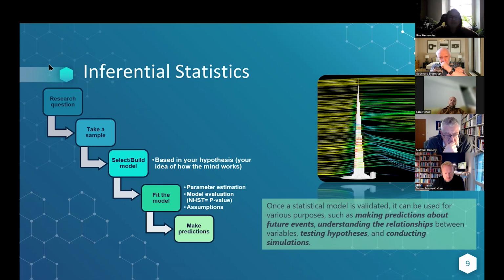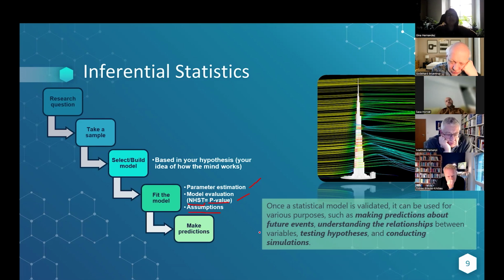And when we fit the model to our data, we get parameter estimates, like the numbers we were just discussing, 0.31, 0.45, right? And then I run the null hypothesis significance test, and then I get a p-value. And my p-value, as we all know in psychology, should be below 0.05. So this is what I have to look into when I am fitting my model.